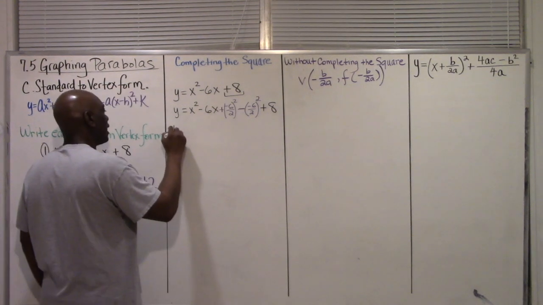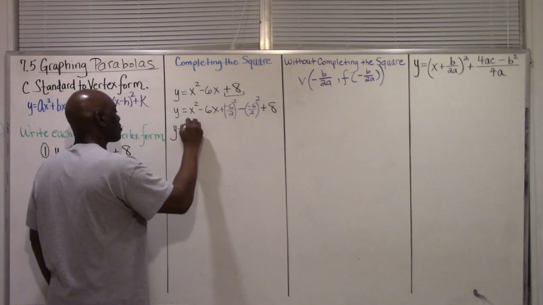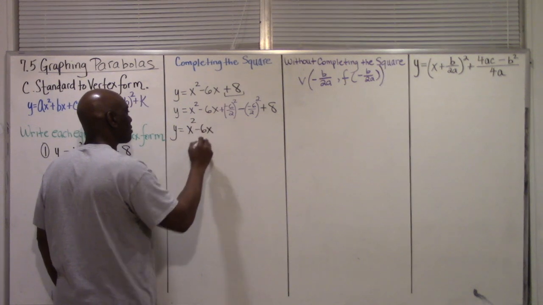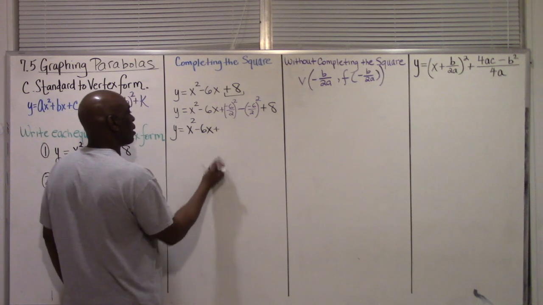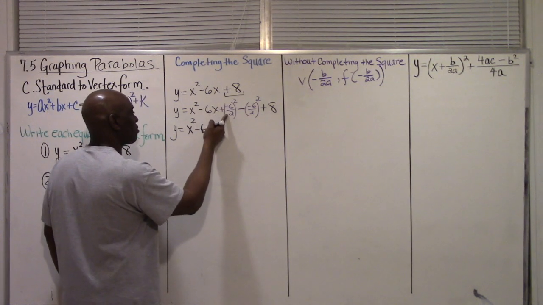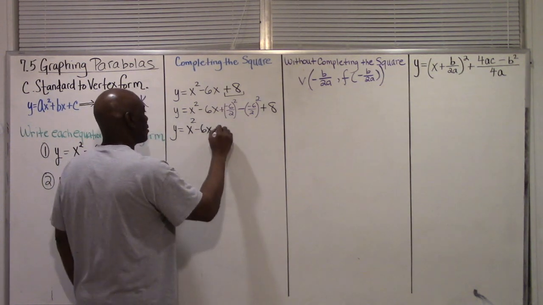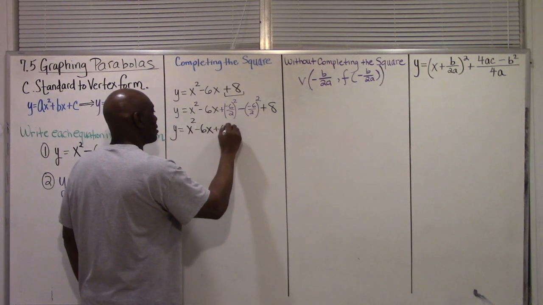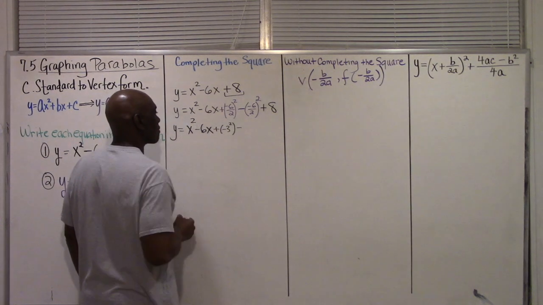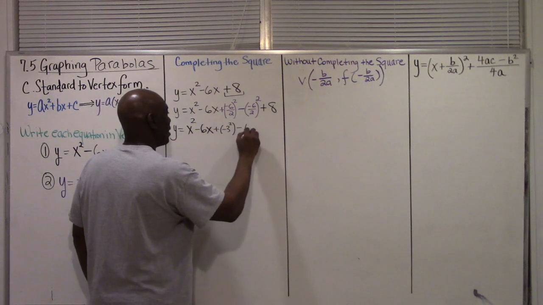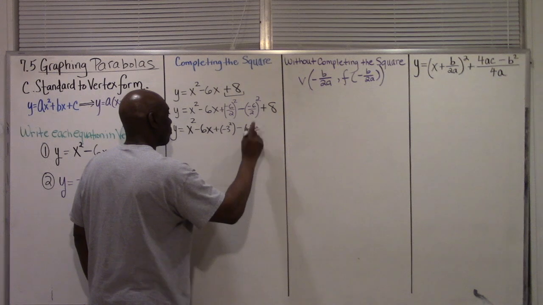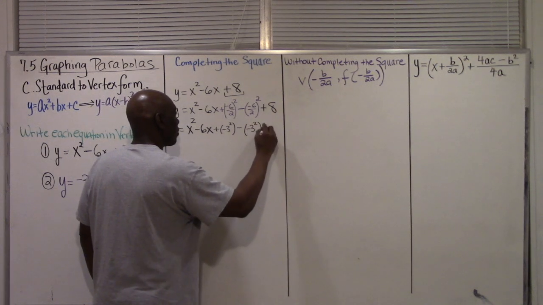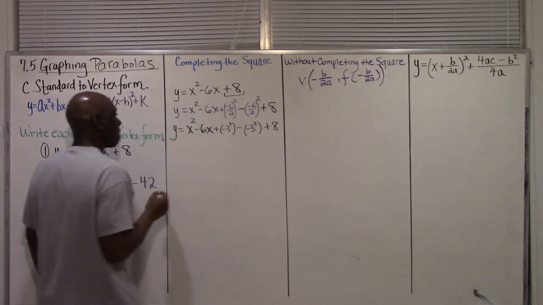So we're going to have y equal x squared minus 6x, plus, here we go, negative 6 divided by 2 is negative 3. Negative 3 squared minus negative 3 squared, plus 8.